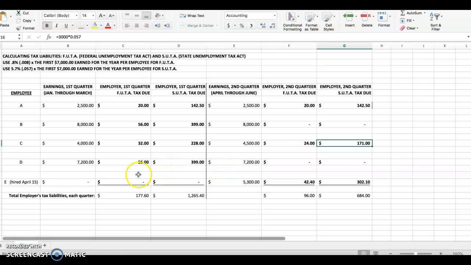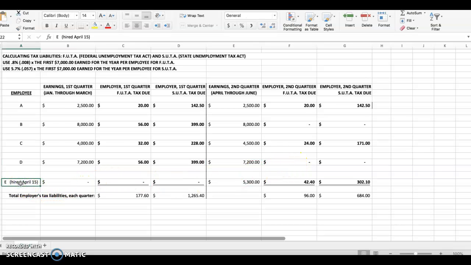Once again, employee D was already over 7,000 the first quarter, and we paid based on 7,000 for the federal and the state, and no matter how much he or she earns this quarter, we've already paid the total amount in the first quarter, so we don't need to pay any more.